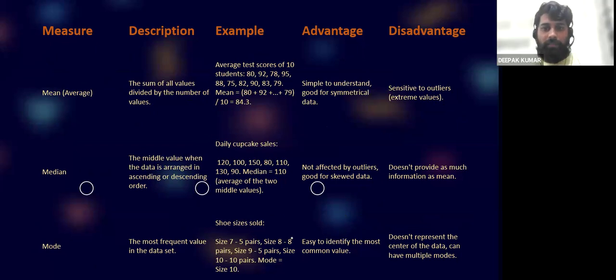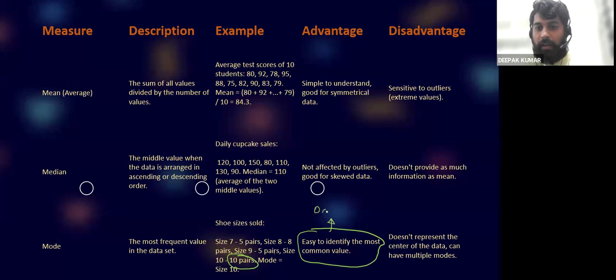Similarly, when the mode comes, it is easy to identify the most common value. As in our last class, we had seen that size 10 shoes, 10 pairs have been already sold. So what is actually occurring most of the time?